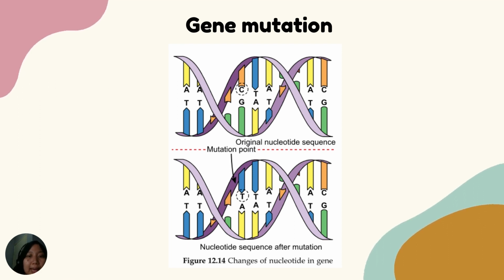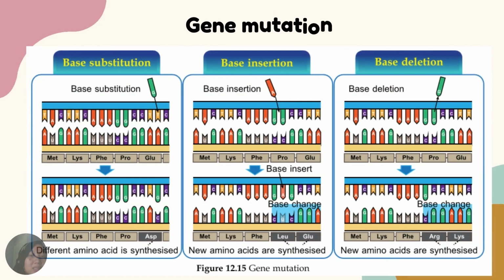All right, so we're going to look at what the types of gene mutation are. There are three of them. Since this involves the bases, we start with base substitution.